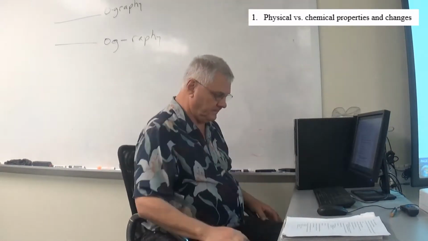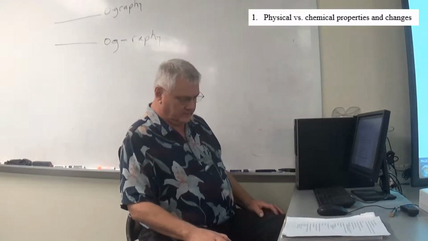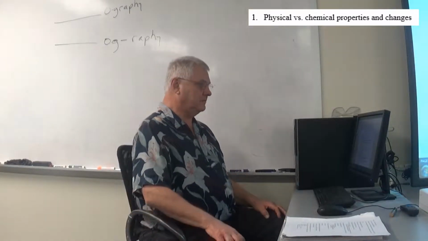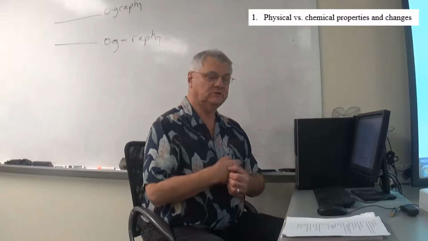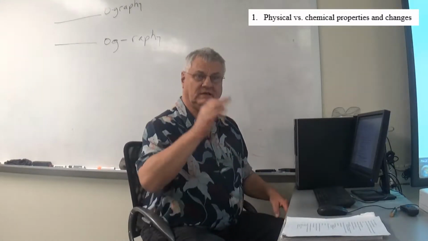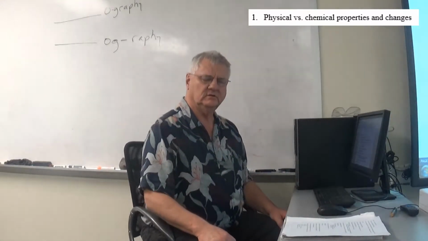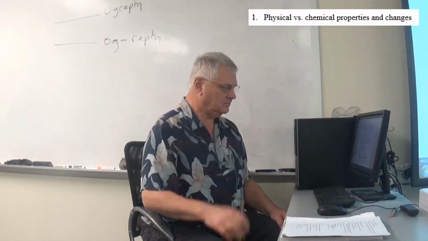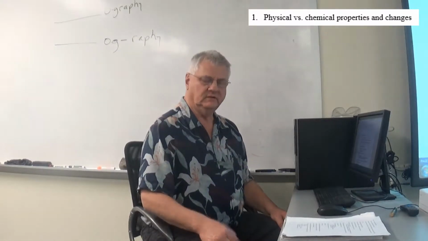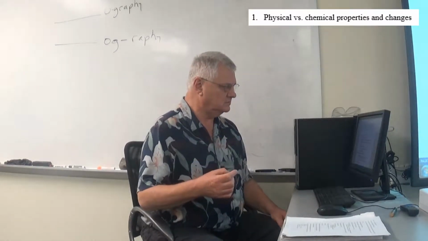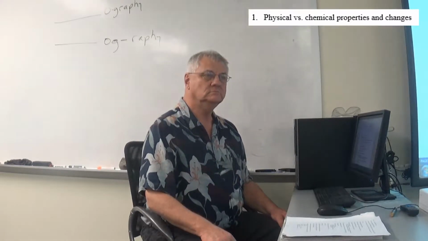You need to remember the difference between physical and chemical properties and physical and chemical changes, and what's the easiest way to discern if it's a chemical change instead of a physical one. Do you remember?